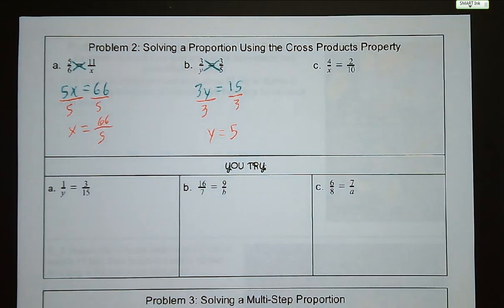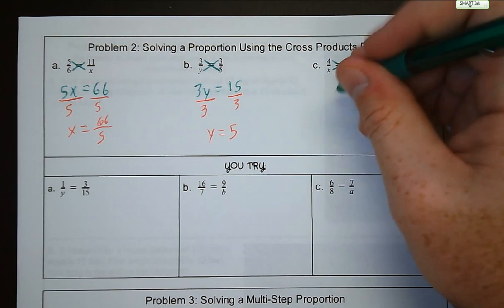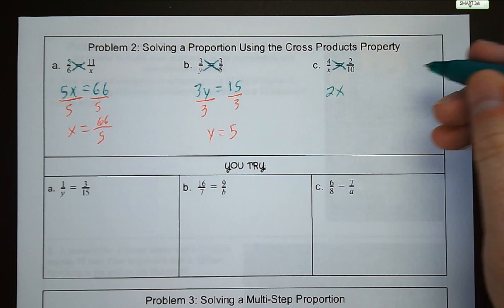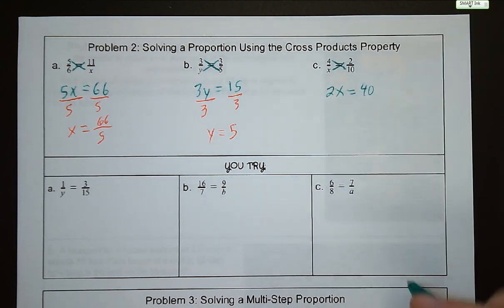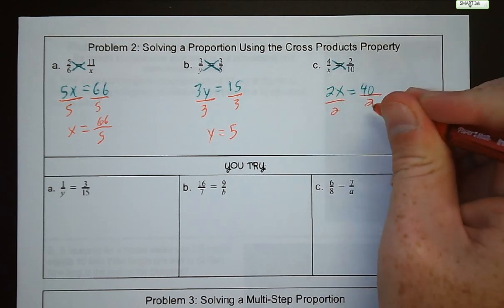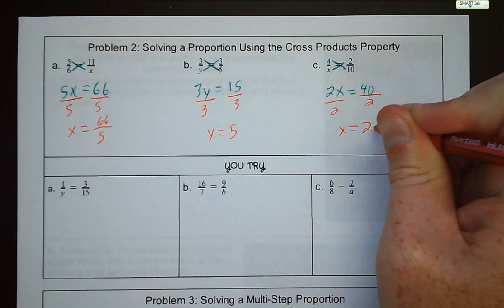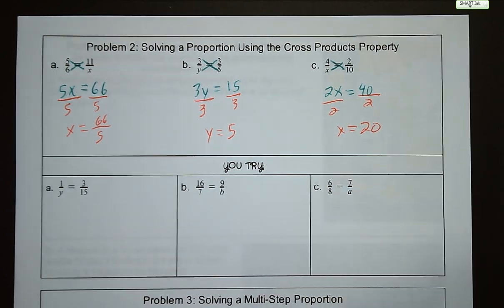Okay. Letter C, cross multiply. We get 2x is equal to 40. Divide both sides of the equation by 2, and x is equal to 20. So why don't you guys give the next 3 a try and check back for the answers.